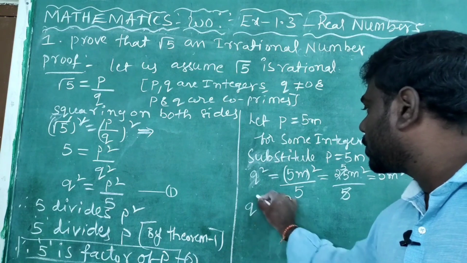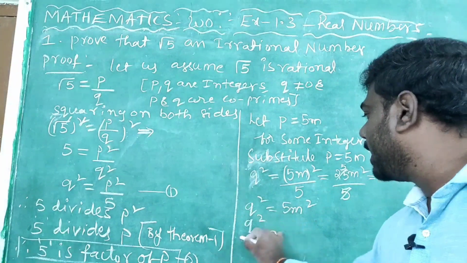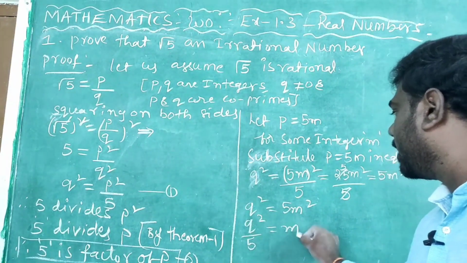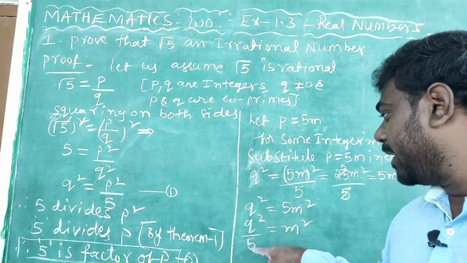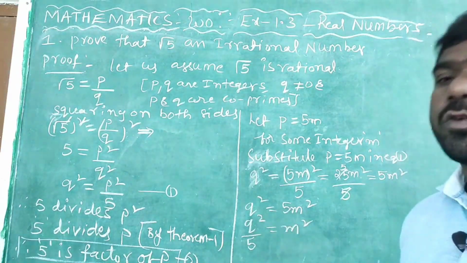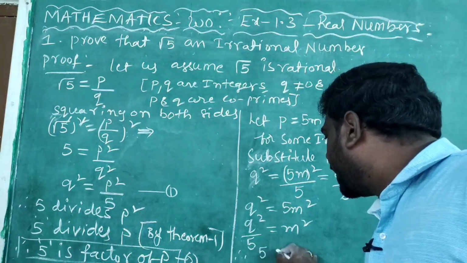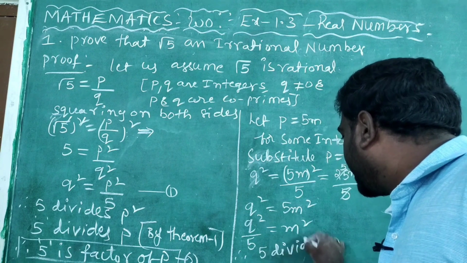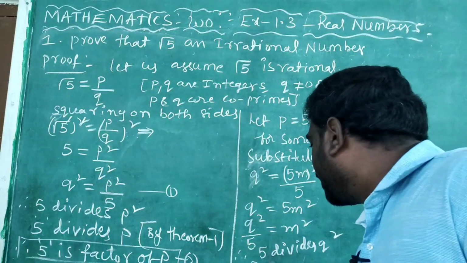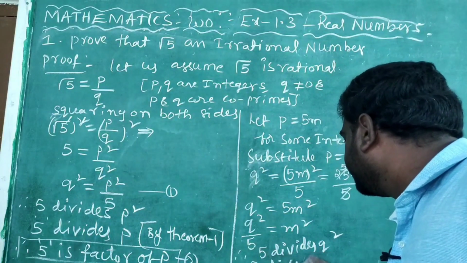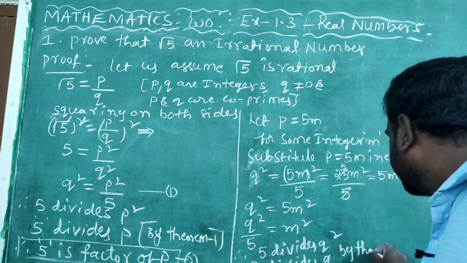So Q square equals 5m square, and I can write Q square by 5 equals m square. Again see here, Q square divided by 5, or 5 divides Q square. Again by theorem 1, if 5 divides Q square, then 5 divides Q.